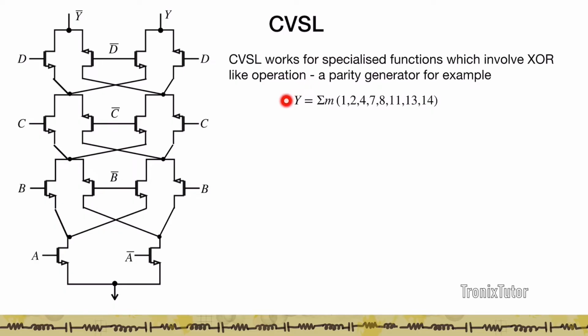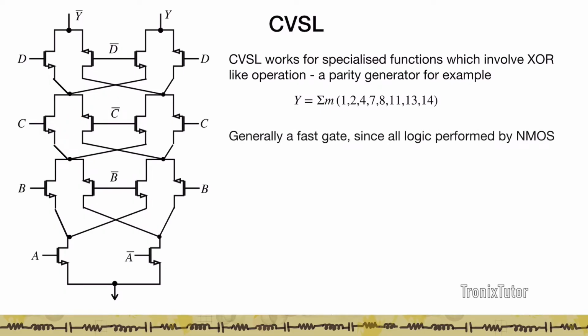So for example, a 4-bit parity generator can be very simply designed using CVSL logic just because you have the minterms set up in such a way that sharing of inputs becomes generally hard. So in this specific case, you'll see that the CVSL gate is competitive to the CMOS gate.